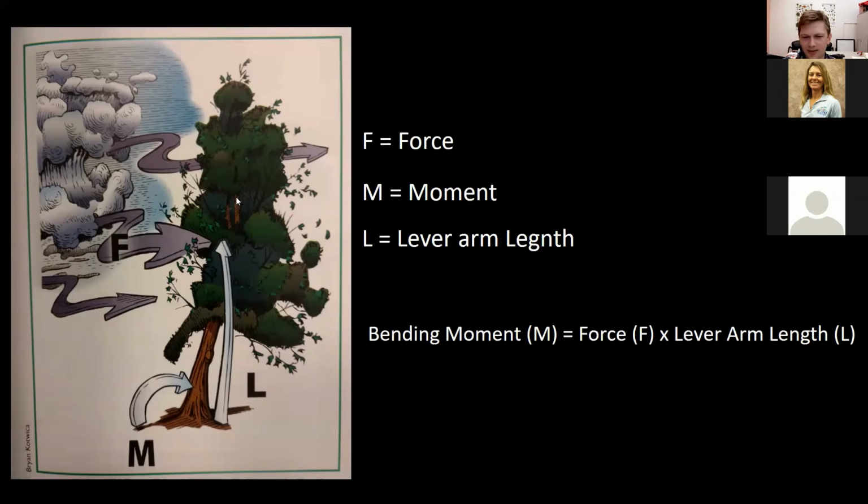I know that's a little redundant, but instead of the force being moved over the entirety of this tree, for example, it's being accumulated towards the bottom here. And then if you take into account the length of the lever arm, the force and the lever arm act together to make that bending moment, which is actually an amplification of energy at a certain point.